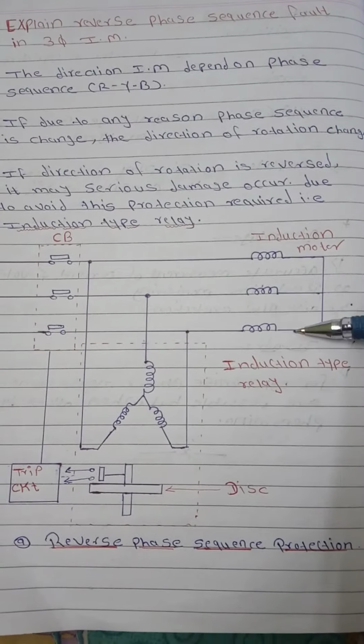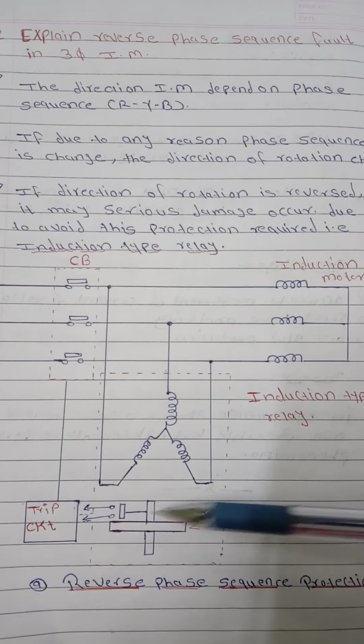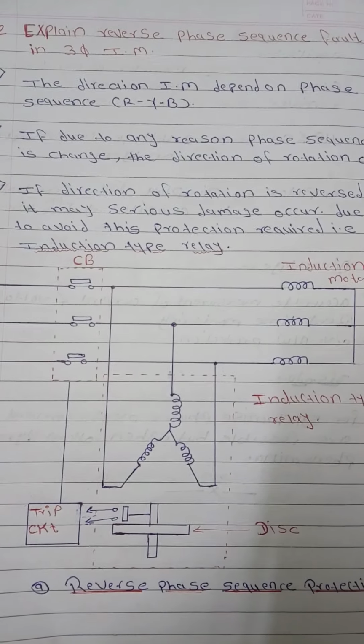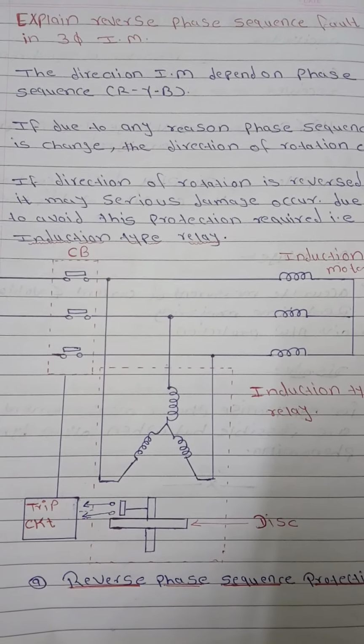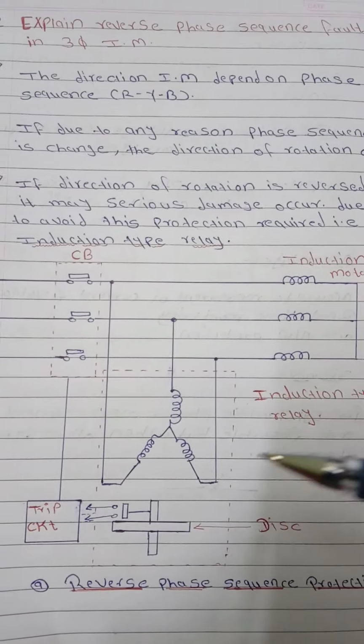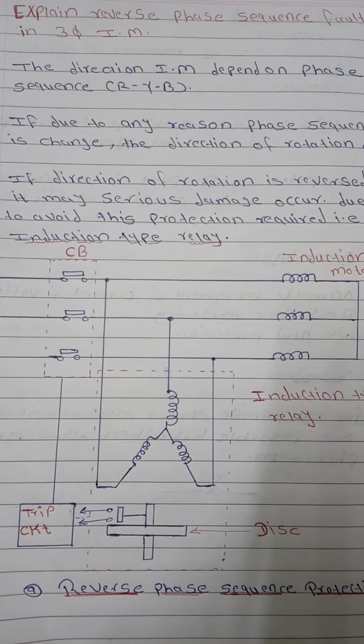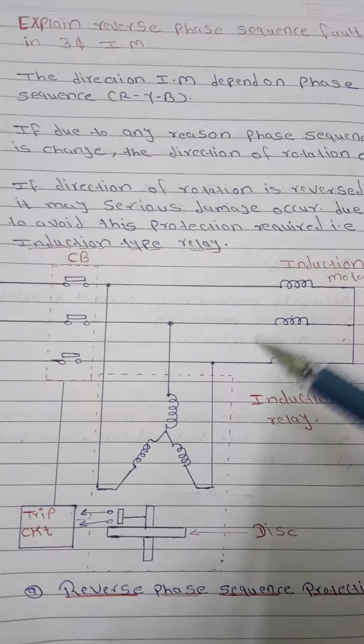If the induction motor is taken for maintenance work, after the maintenance work is done, it is necessary to check the phase sequence, that is this. The phase sequence relay used is an induction disc type relay. The working in short: if the disc is rotated in the correct direction, that means the phase sequence is in the proper direction.